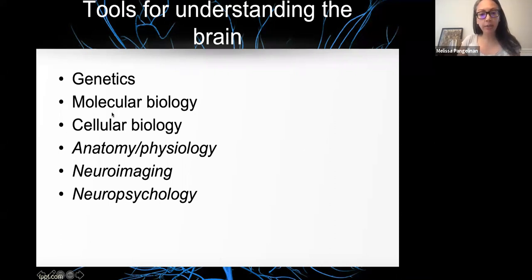The same is said in terms of molecular biology and cellular biology. We will not cover a good chunk of that material in the book. And the reason for that is historically, the students that come into this class don't have a strong enough background in physiology and really get stuck in the details at the molecular level.